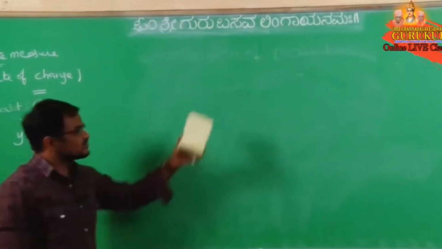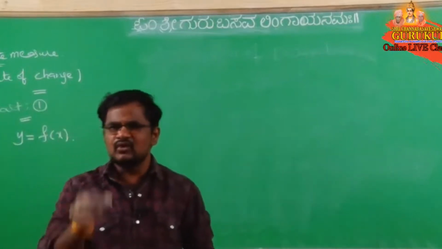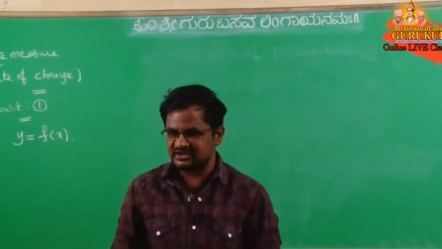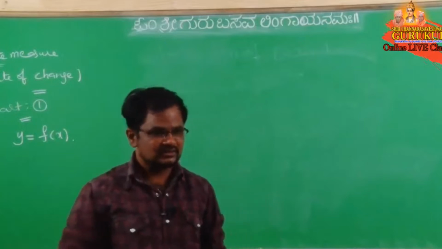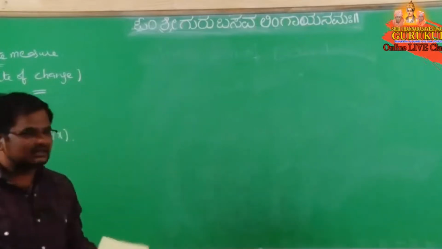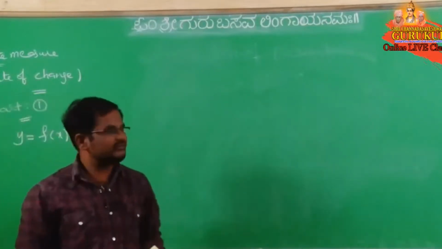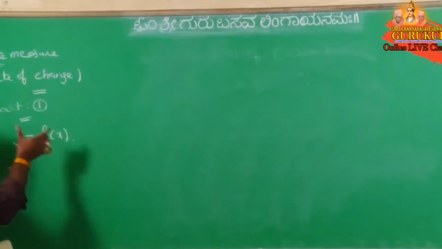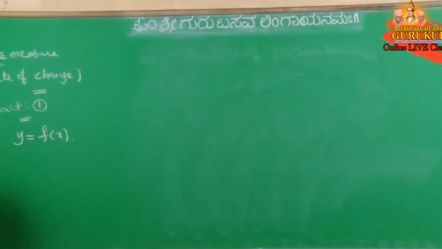Listen carefully. This total application of derivatives is most important for JEE Mains and Advanced also. More weightage is there for the application of derivatives. So consider a function y equal to f of x. Here x is the independent variable, y depends on x.